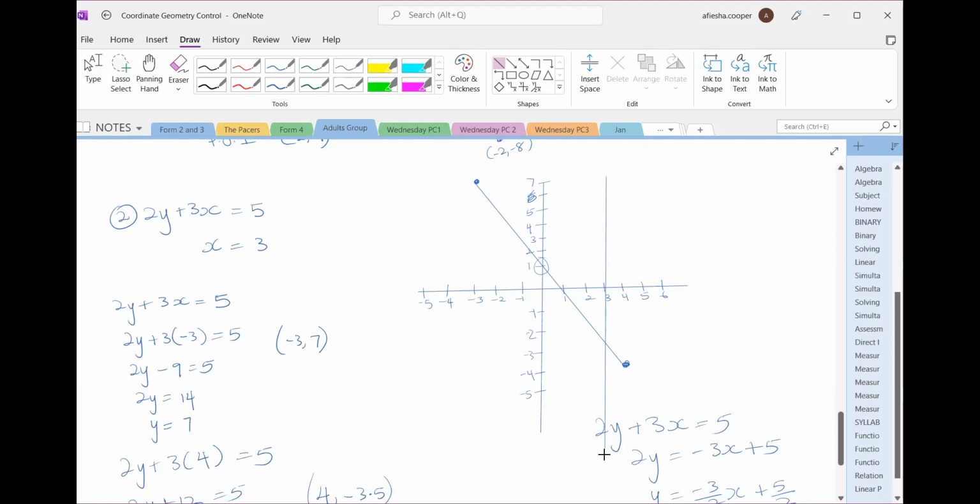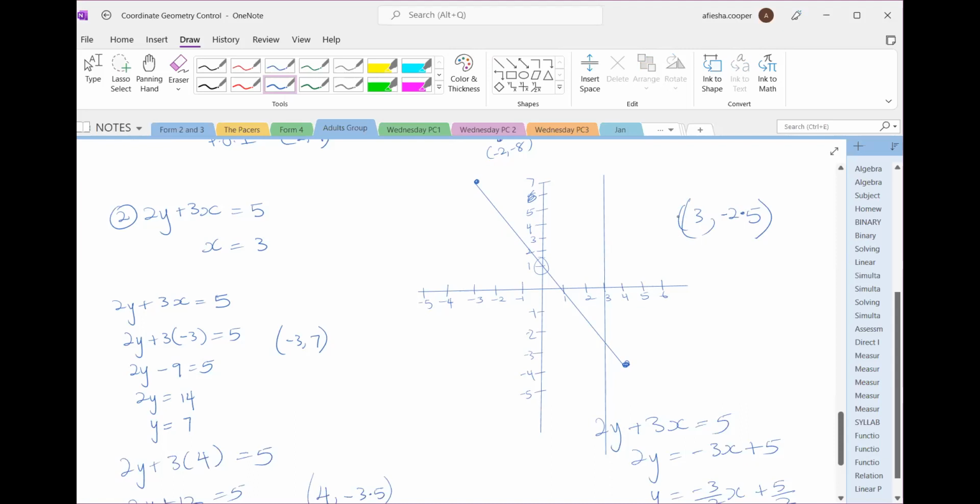And our point of intersection is where? 3 and -2.5. So it looks like 3 and -2.5. From our graph it could be wrong, because our graph is a little sketchy, literally.